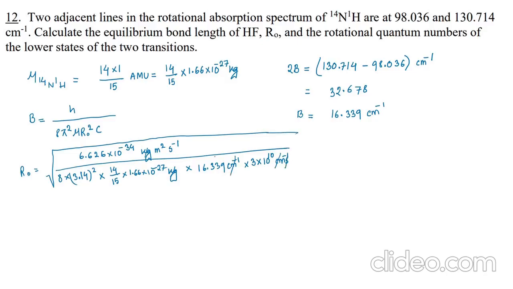Centimeter inverse cancels, second inverse cancels, so you are going to get your answer in meters. So let me calculate how much it is. 6.626 into 10 to the power minus 34 divided by 8 into 3.14 square.